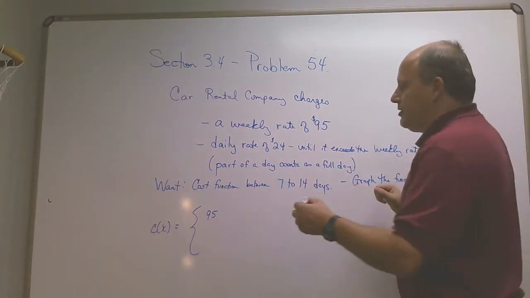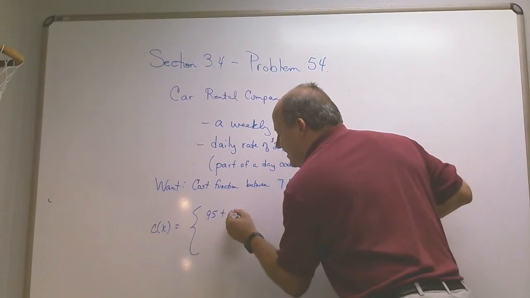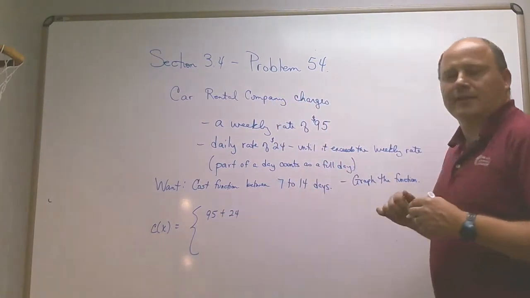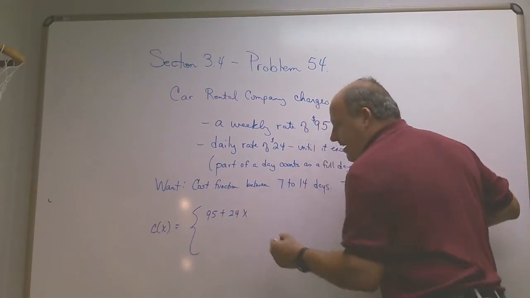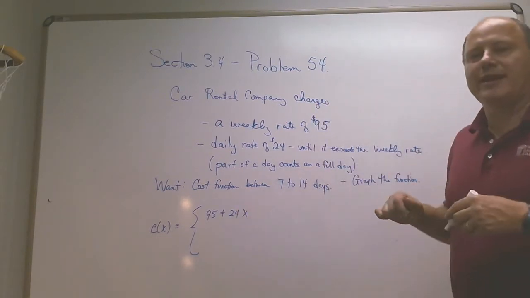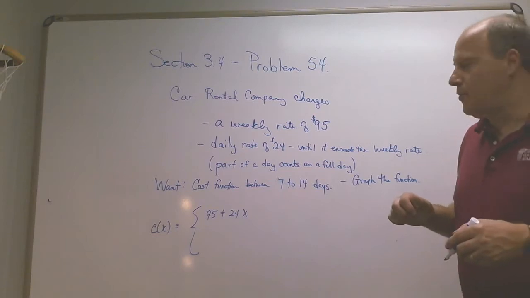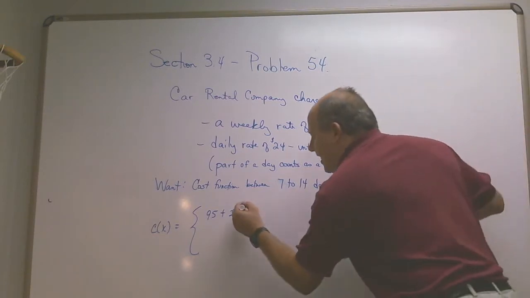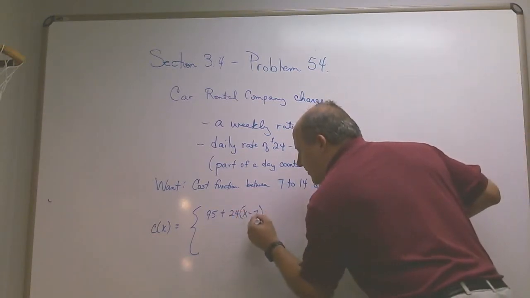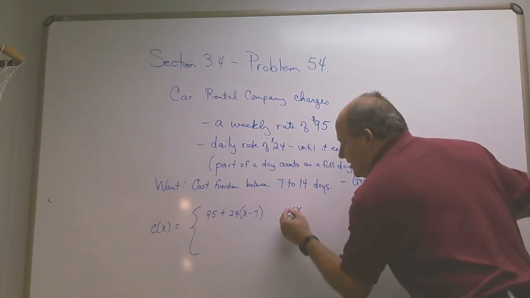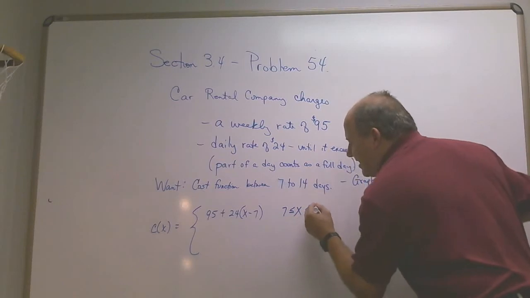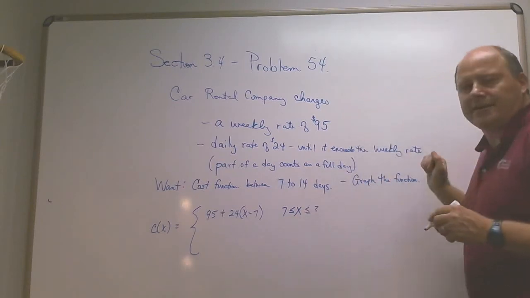Then it's going to be $24 a day times X. Well, not really X, because X is going to be the number of days you have it. So I'm going to take that number and subtract 7. X has to be between 7 and a certain number of days, and I don't know what that is quite yet.